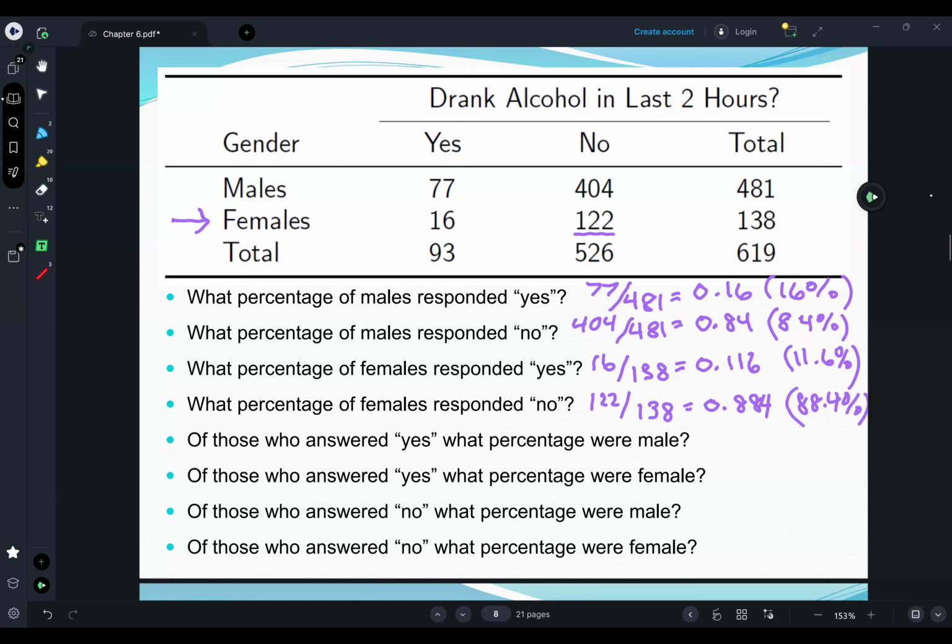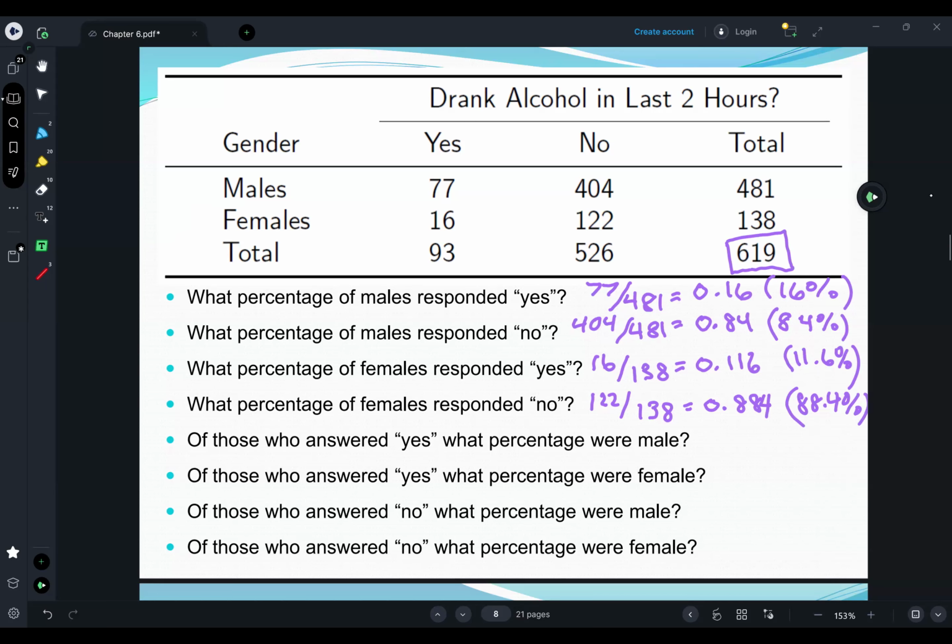So by the way, can anyone tell me what this number represents? 619. Yeah, it's the total number of participants in the survey combined, 619.